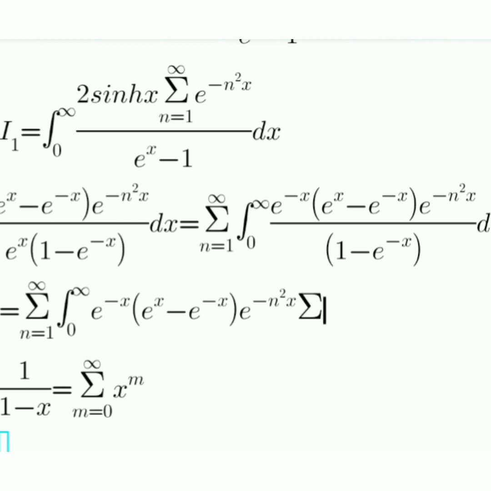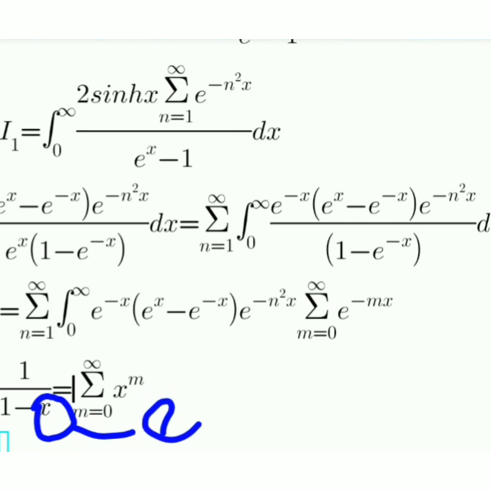I can write summation m equals 0 to infinity e to the power minus mx. This formula I use here, where x is equal to e to the power minus x. That's why I write it this way, into dx.